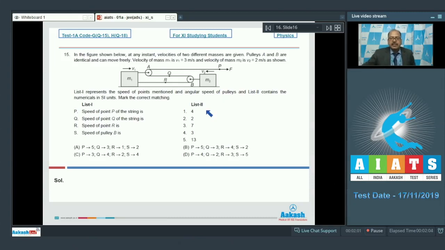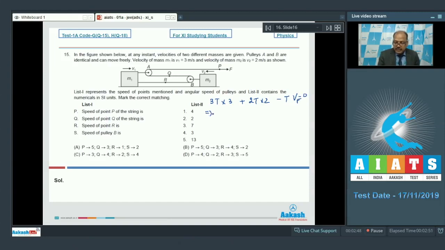Again, for finding the speed of point P, the constraint relation is, if tension in the string is T, then on M1 there is 3T acting, so 3T into 3, plus 2T into V2, which is 2, minus T into velocity of point P is 0.